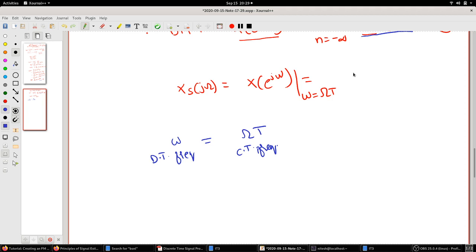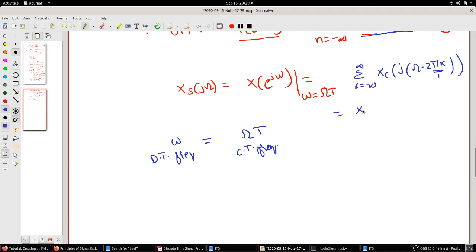So Xs of j omega is equal to summation k equal to minus infinity to infinity Xc of j omega minus 2 pi k by T. This is what I had already, right?